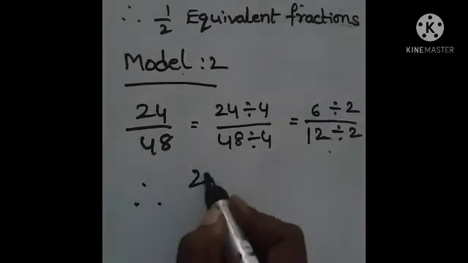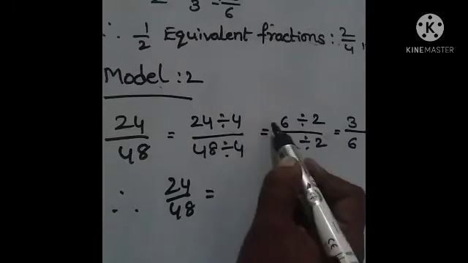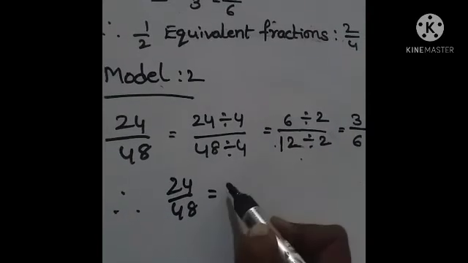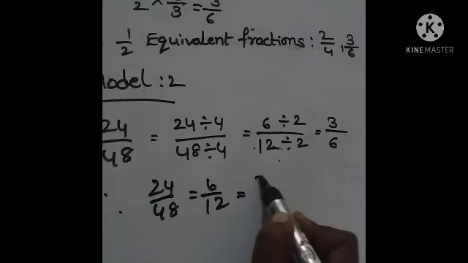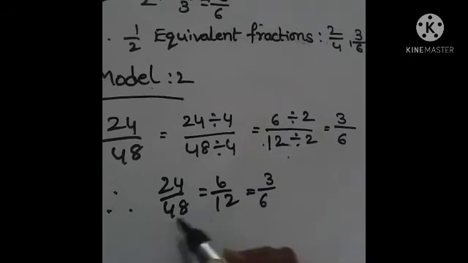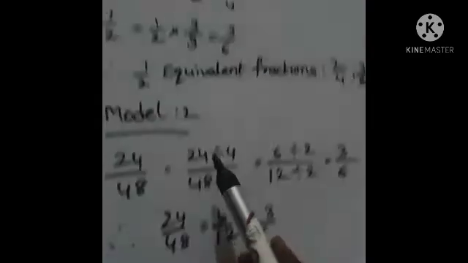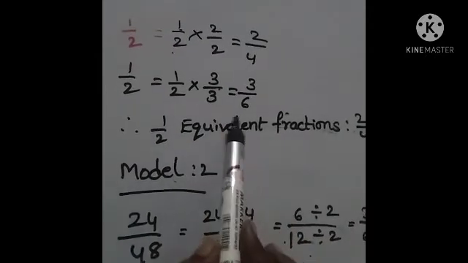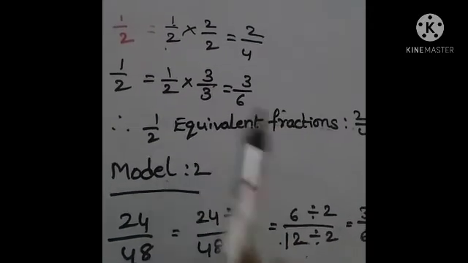Therefore 24/48 equivalent fractions are 6/12 and then 3/6. So these three are equivalent fractions. Here we use the division method, there the multiplication method. Whichever is easy, that one you follow. Okay?